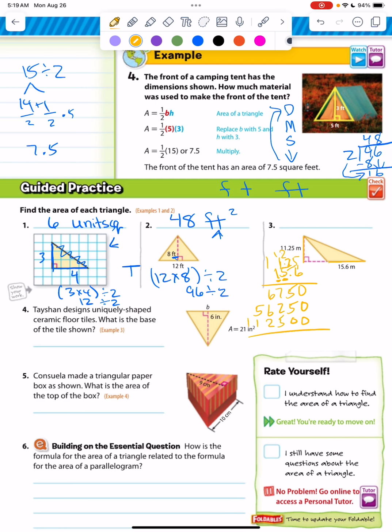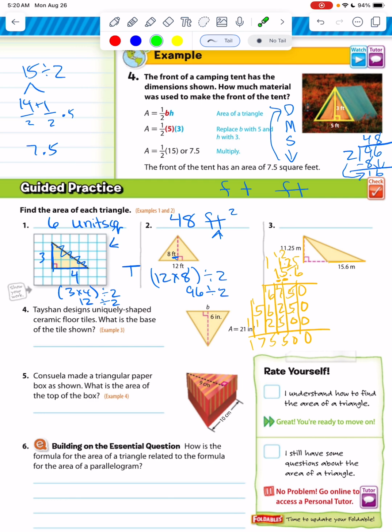That's 1125. Add. Did you make sure that these were all straight? That will help you to add correctly. 5 and 5 is 10. 8, 10, 15, 12, 13, 14, 15, 6, 7, 1. And what about our decimal? Well, we have 1, 2, 3 numbers to the right of a decimal.